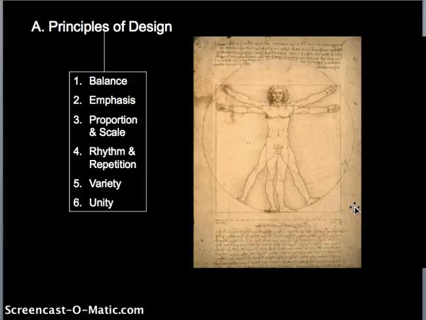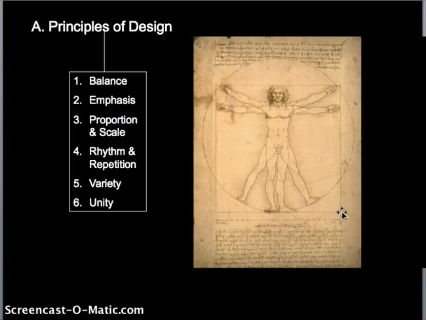Da Vinci included all the principles of design here. The figure is perfectly balanced and symmetrical. The navel in the center is the emphasis, also called the focal point. Different concepts are unified here as a whole, right? So the earthly and the spiritual, represented by the square and the circle.